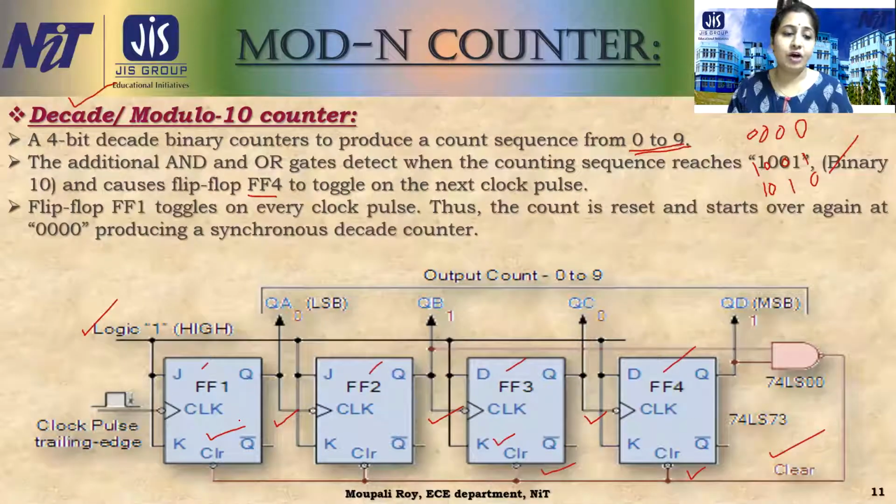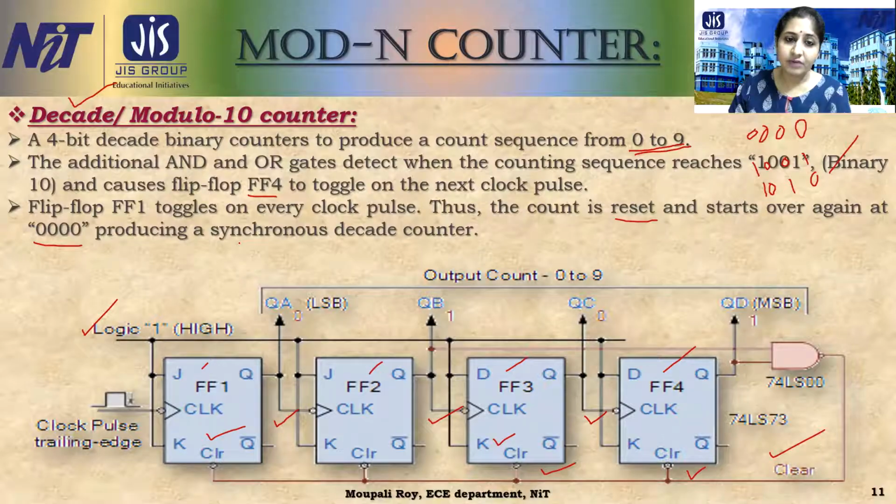The flip flop 1, that means this one, is toggled in every clock pulse. Thus the counter is reset and starts over again from 0 0 0 0. Okay, so in case of the asynchronous decade counter, that is the circuit for this one.